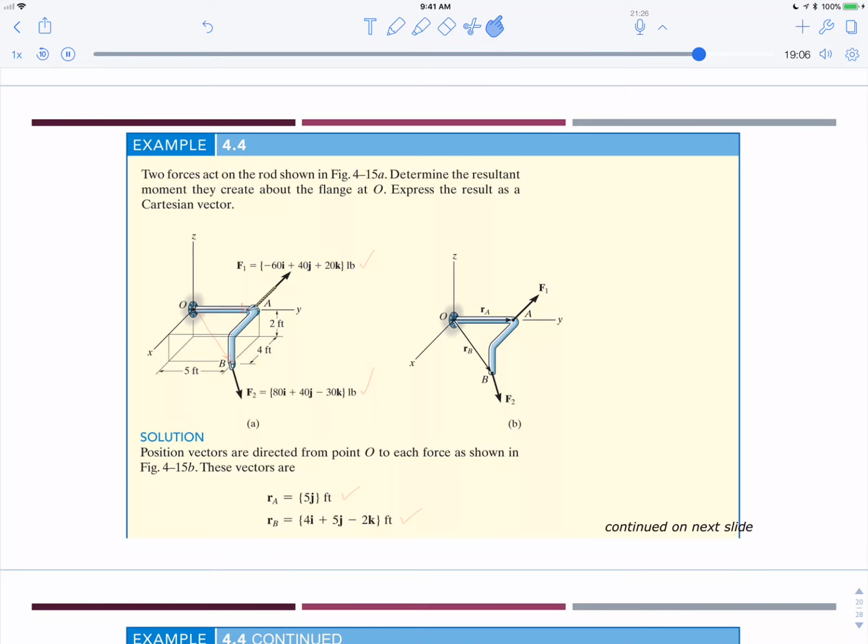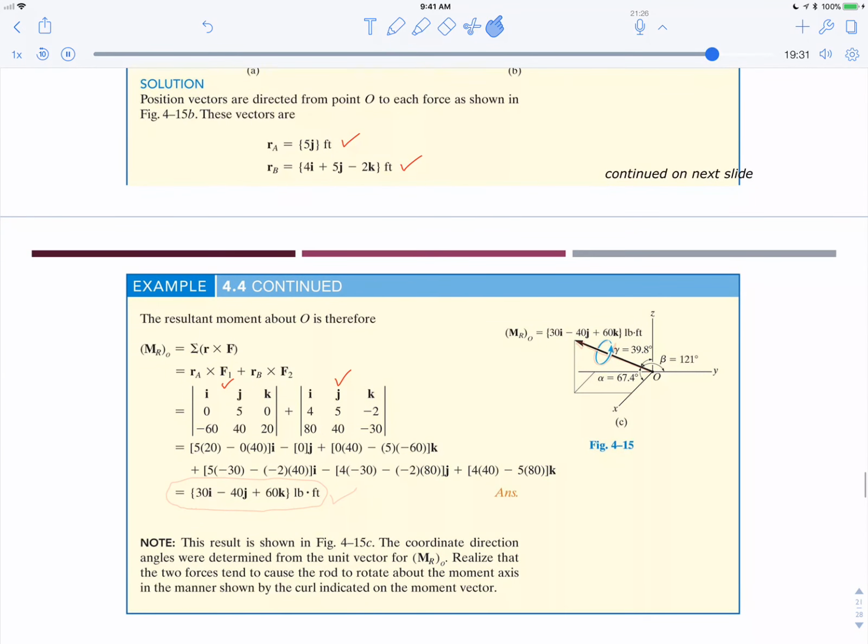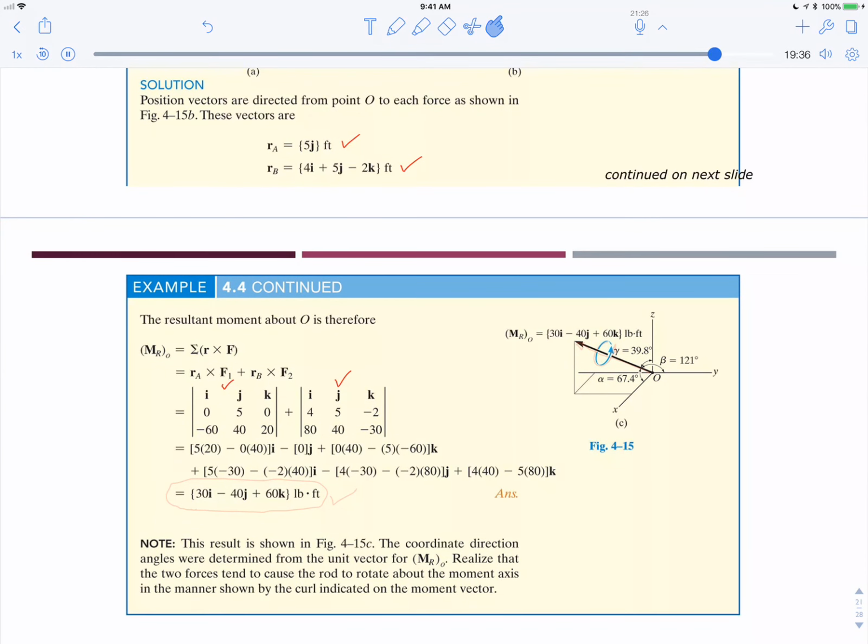We're going to take this vector from O to A to get the moment of F1 about O, and we're going to take this vector from O to B to get the moment of F2 about O. Here's the vector RA, and there's the vector RB. We need to get the forces as vectors. Thankfully, they're given. You don't have to do any unit vector stuff. And here you have RA cross F1, RB cross F2, and you can do the math, and it comes out to this.